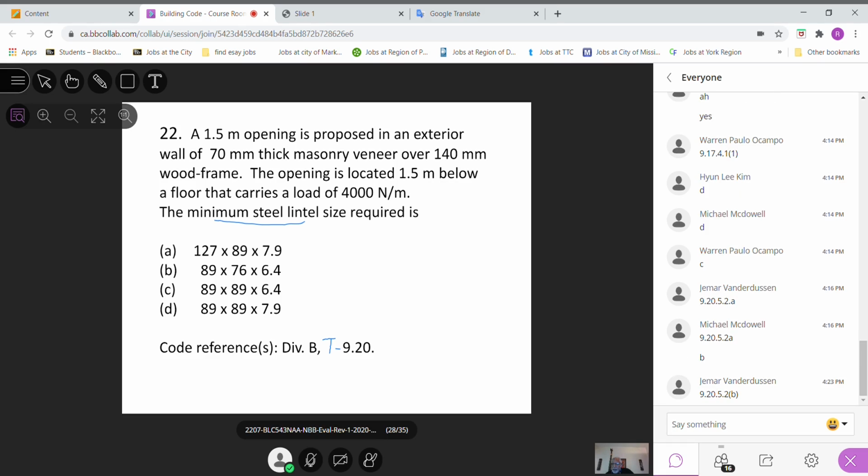And 9.25.2. The B, correct? When you write it, Jamari, you don't put a bracket. Okay, it's like B. There's no bracket for the table.